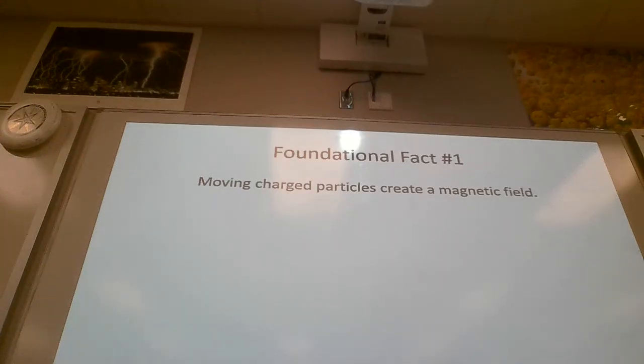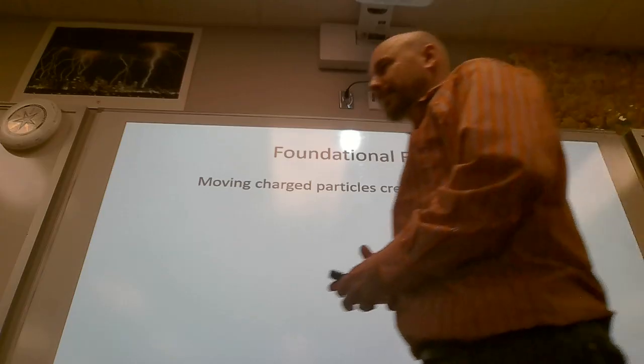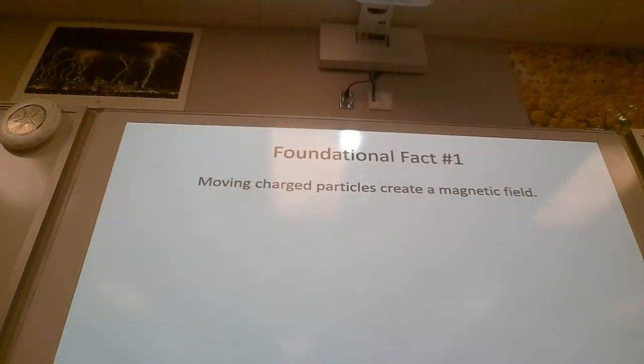Where do we find a lot of moving charged particles? In circuits. Good with that? So we just demonstrated that. Okay? Moving charged particles create a magnetic field. All right?